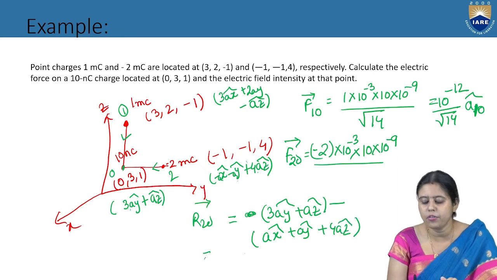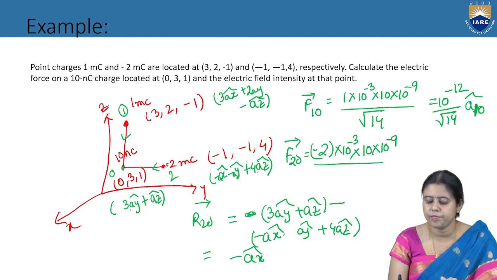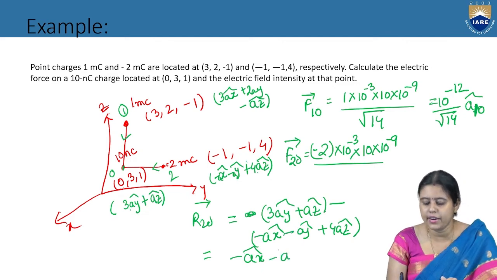So what is the value? Ax, so it is coming minus ax. This is also minus. Plus ay plus 3ay 4ay 4az plus 5az.